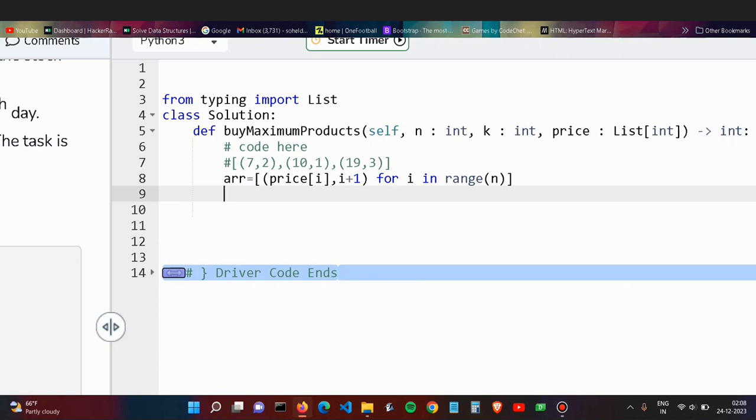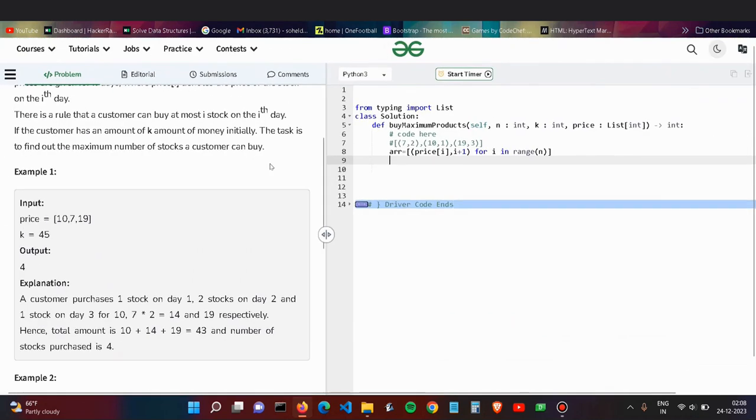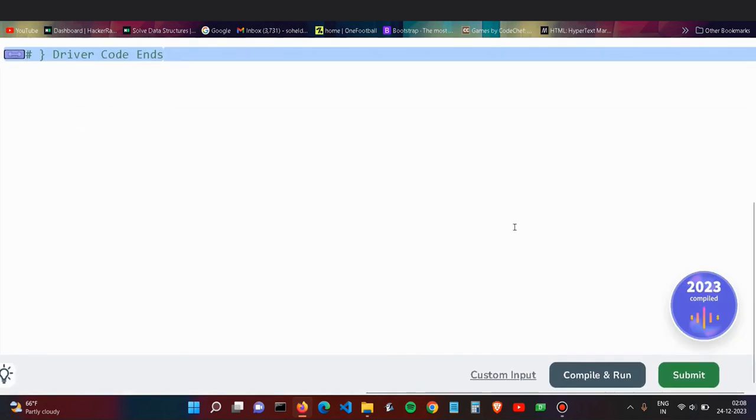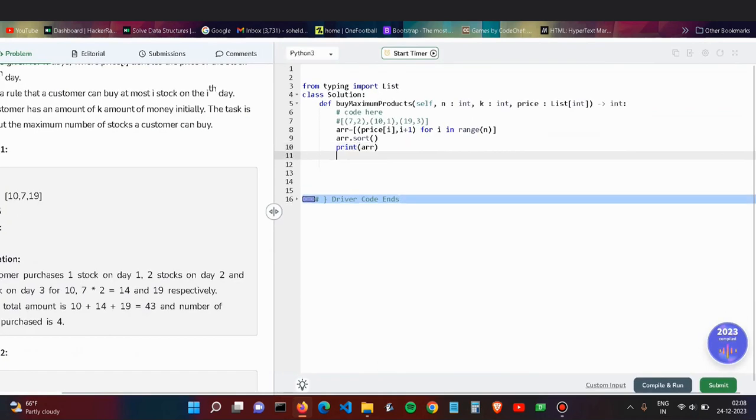Now the next step is to sort it. I'm showing you how it will look. Let me return a random value so that we don't get an error.